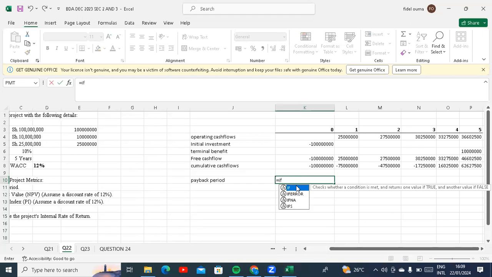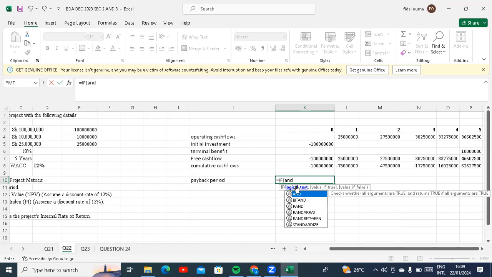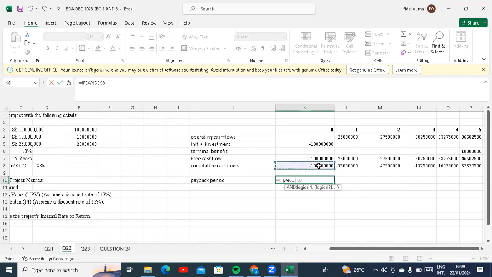You say equals IF, then we take the cumulative cash flow, the first one, is less than 0, comma, then the second one is greater than 0. Then you close the bracket and say comma.